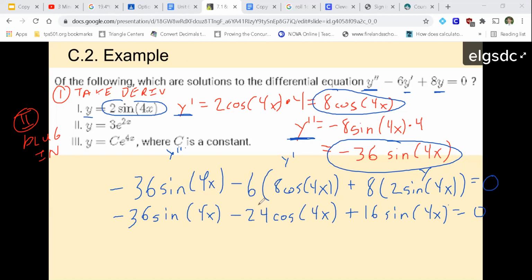Negative 6 times 8 is negative 24. 8 times 2 is 16. And then if we add our like terms together, our sines of 4x, we get negative 20 sine of 4x minus 24 cosine of 4x. And that does not always equal 0. So then this is not a solution.